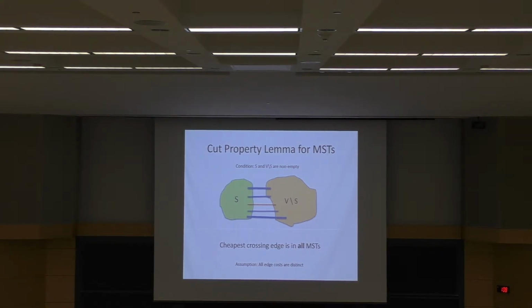The way we're going to use this is to argue that any edge that's added by Kruskal or Prim's will be the cheapest crossing edge in some cut in the graph. And so this lemma says, well, that has to be present in all MSTs, so the algorithm can't go wrong by picking it. This is how we are going to use it.